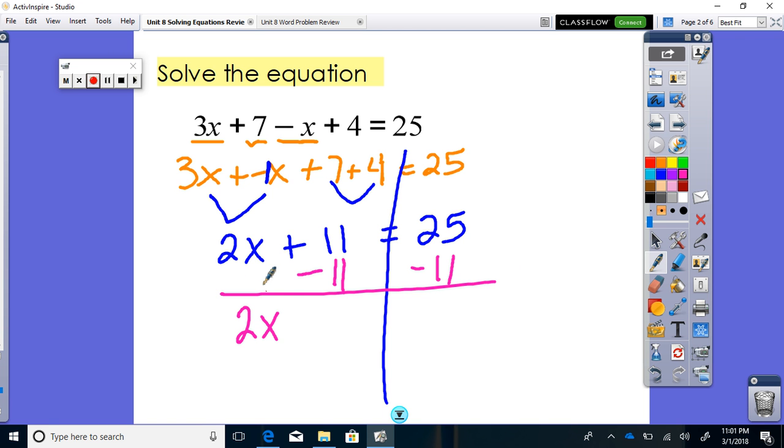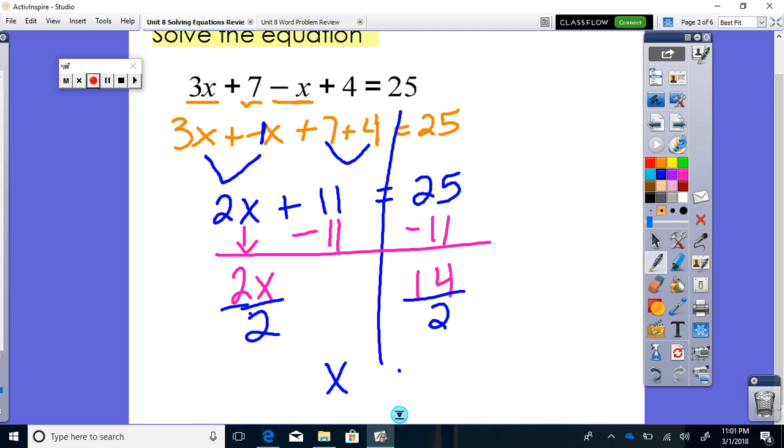And then here the 2x comes down, 11 minus 11 is 0, so that's gone. And 25 minus 11 will give me 14. Now 2x means 2 times x, so the inverse of times is to divide. So divide both sides by 2, and we get x equals 7.